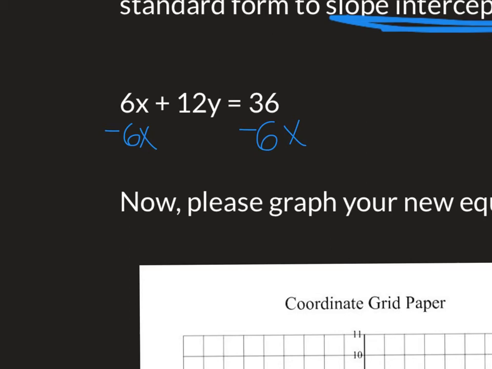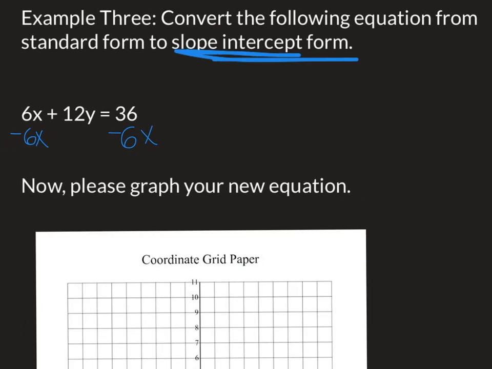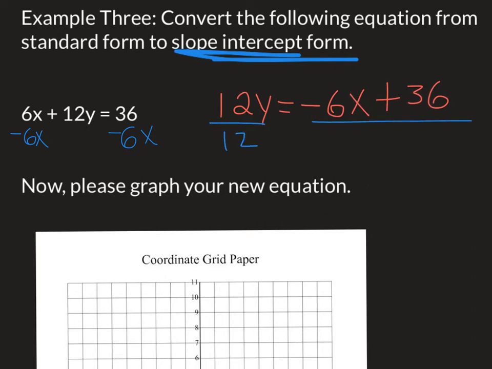And when we do this, what we're going to be left with is 12y is equal to negative 6x plus 36. So I want you to think for a second, how do we get the y by itself? Well, what we have to do is divide both sides by 12.